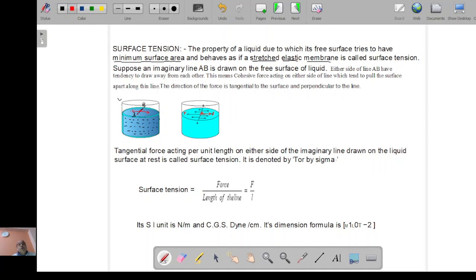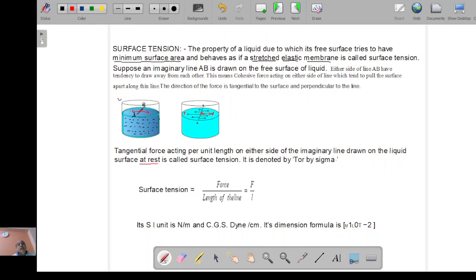This tangential force acts per unit length of the line on either side, while the liquid surface is at rest.